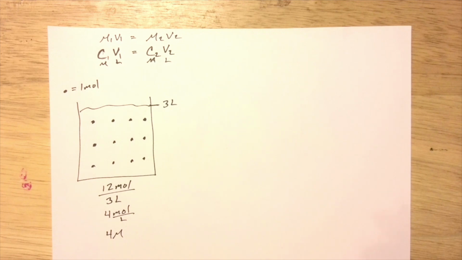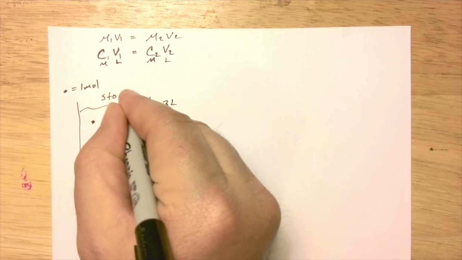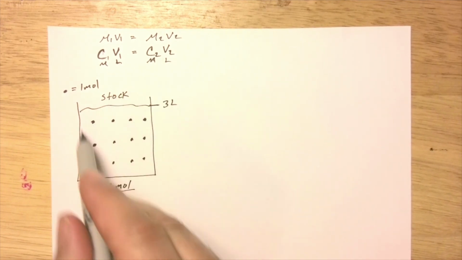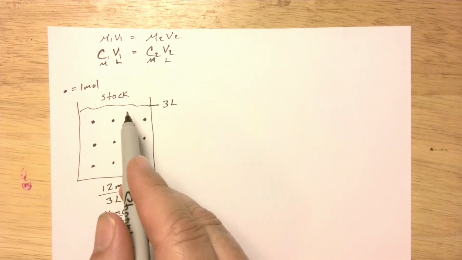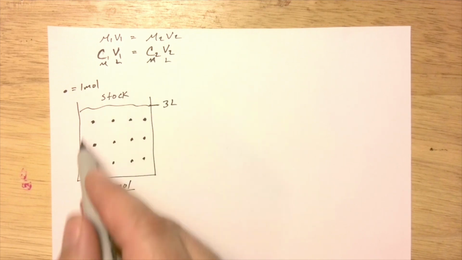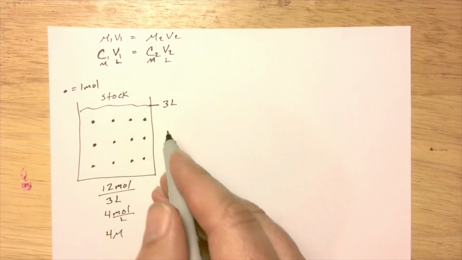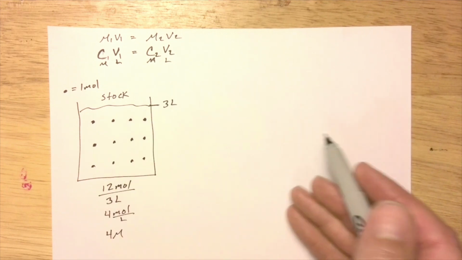Now, sometimes this is what's referred to as the stock or the reagent solution. In other words, this is where all the solutions are coming out of this one container here. So it's kind of like a pitcher of lemonade. The pitcher is the stock. All the little cups are what the stock is being distributed to.